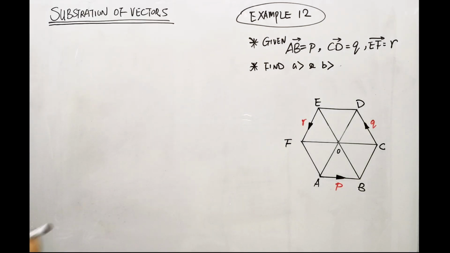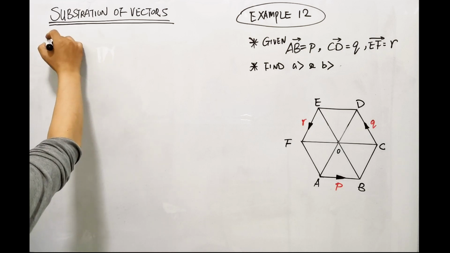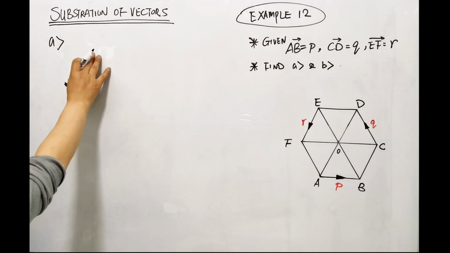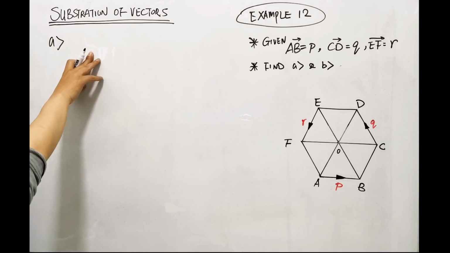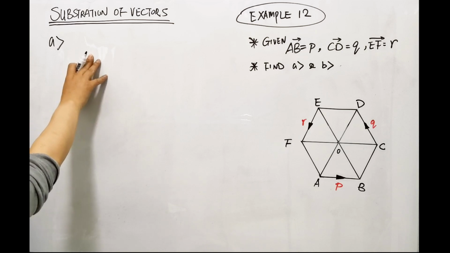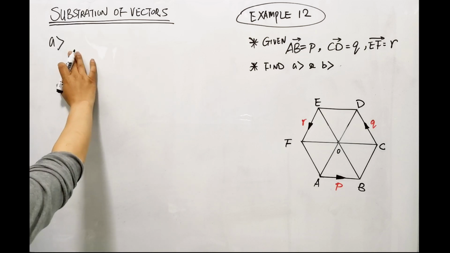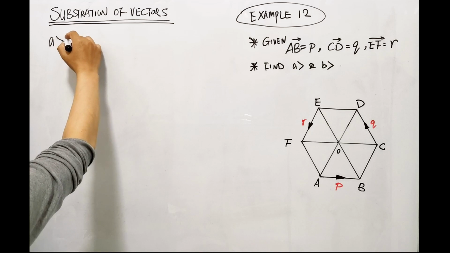So what is this A? Let's look at A. A is to identify the vectors which equal Q. So what are those vectors?